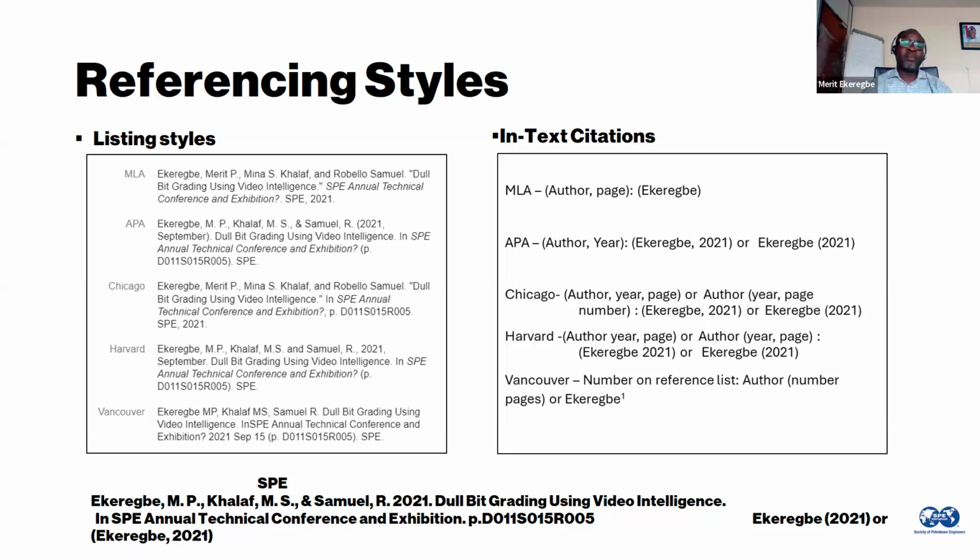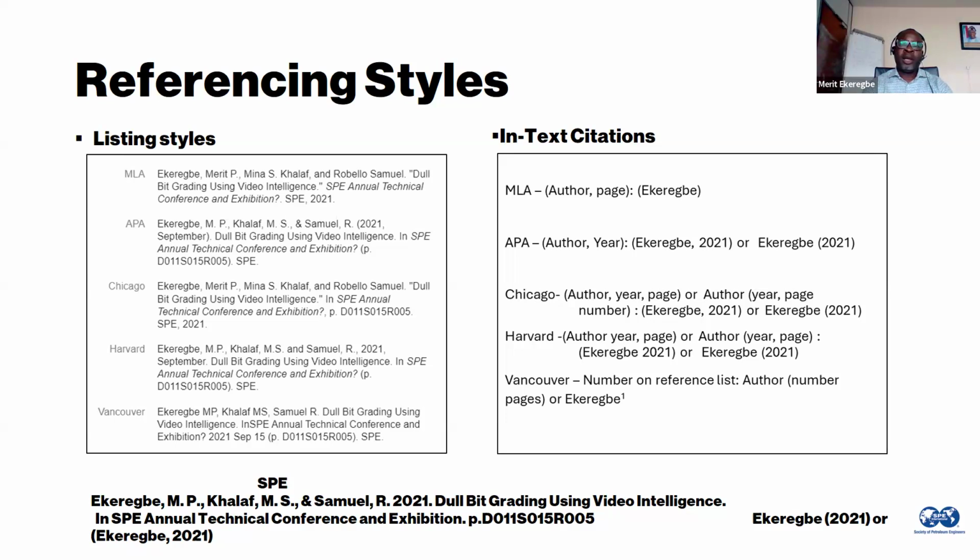For example, if I want to use the Modern Language Association, which is MLA, as my reference style, I won't be allowed, or it will be a conflict, if I use Harvard in-text citation while using the MLA listing style.